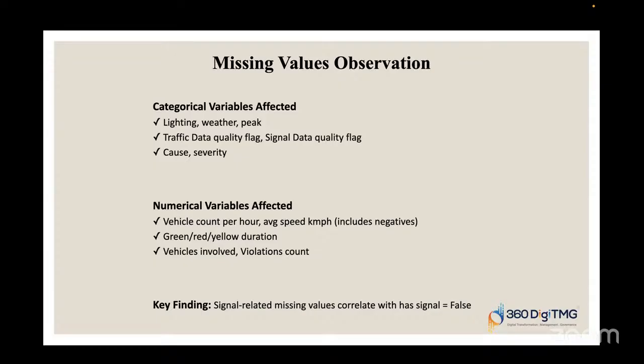In numerical data, vehicle count per hour is sometimes missing, and the average speed of traffic flow is missing. Sometimes the signal color, like green, red, yellow, is missing. So we faced this kind of problem when we got the data.